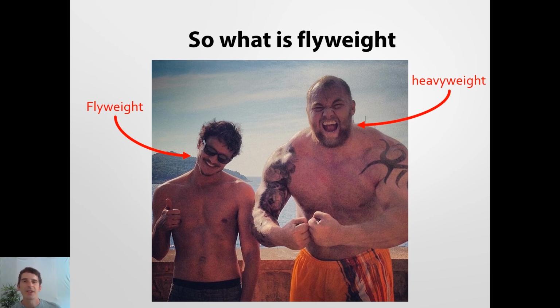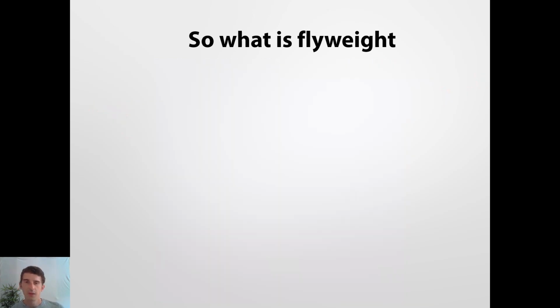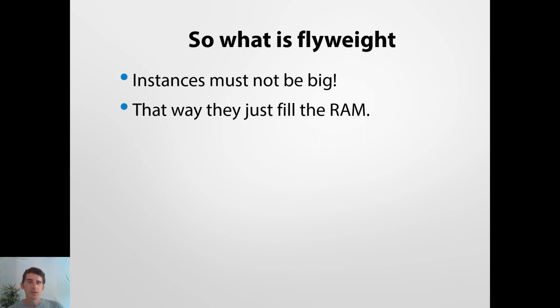And that's how our instances should look like. They should be very small, very lean, and they shouldn't be too big and heavy and fill our RAM. So to sum it up again, instances must not be big, they should be as small as possible. Also, that way they don't fill the RAM too much.